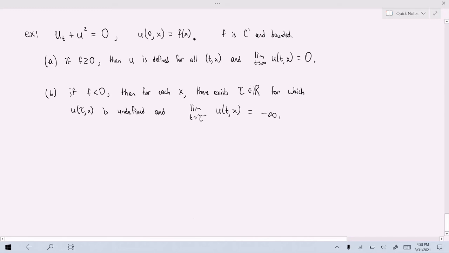So roughly, statement B is saying that your solution blows up in finite time.